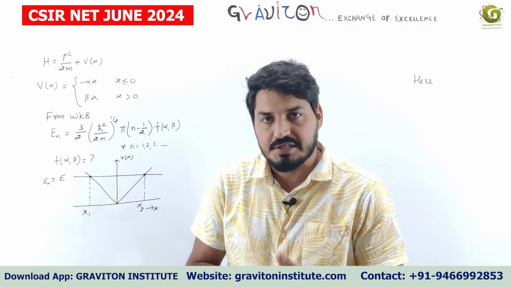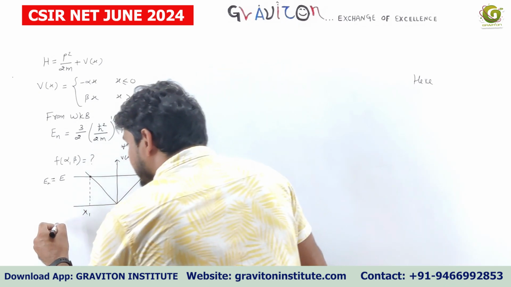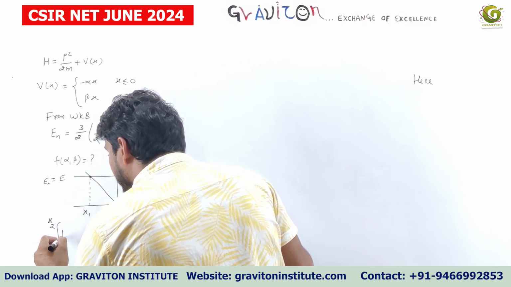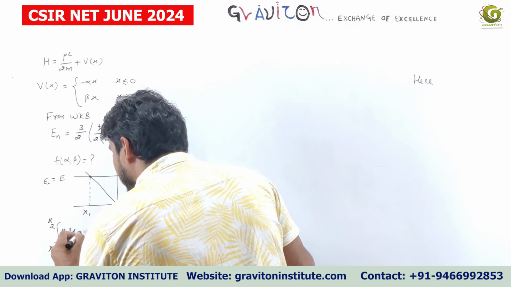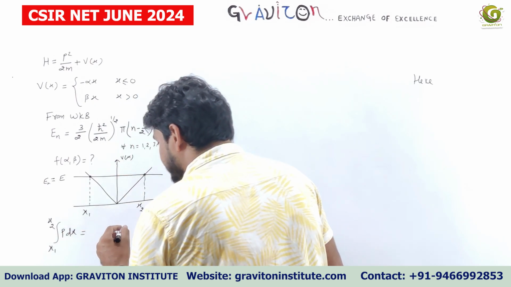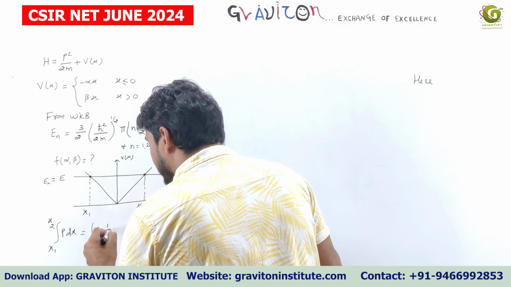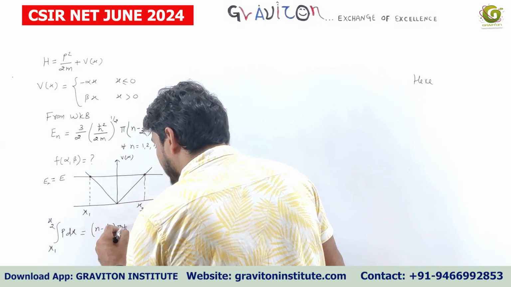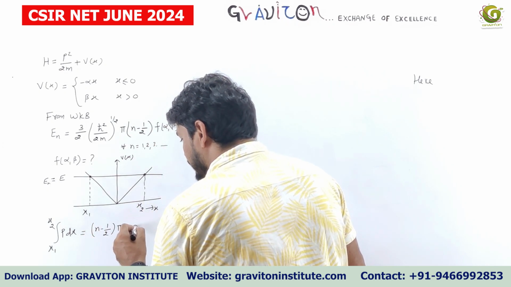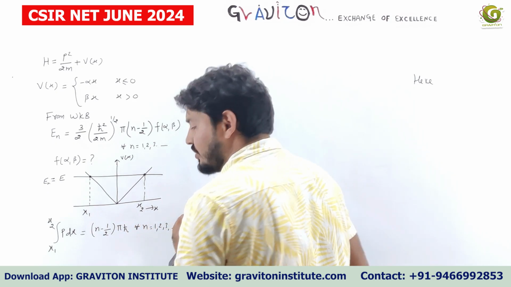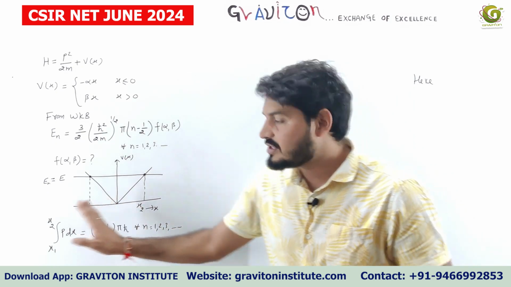Now, from the WKB approximation for this kind of potential, we know how to find the energy. You know this formula: the integral from x1 to x2 of p dx is equal to (n minus 1/2) pi h-cut, where n is 1, 2, 3 and so on. We will use this formula.